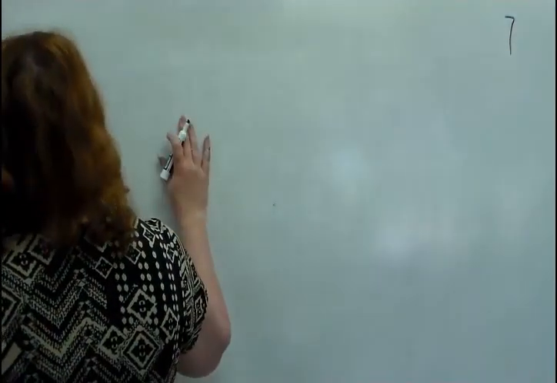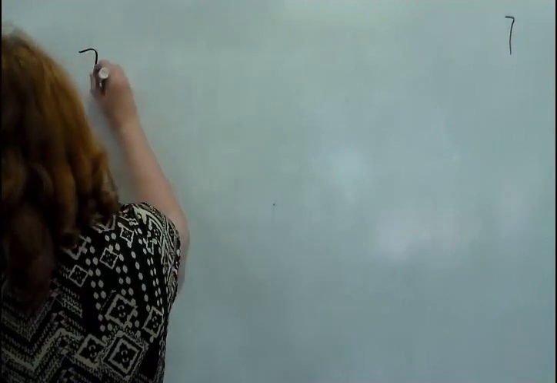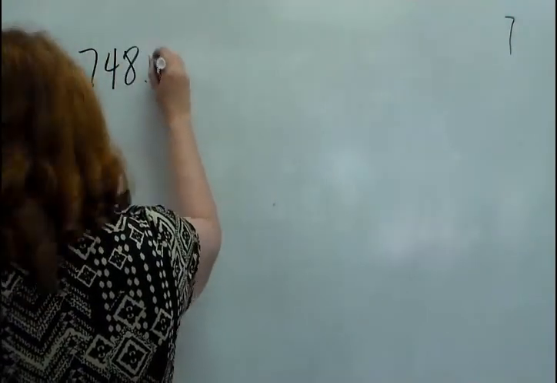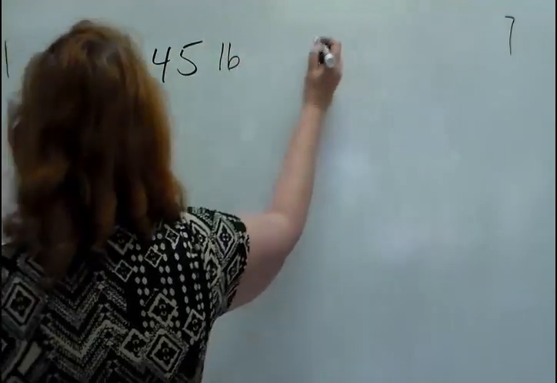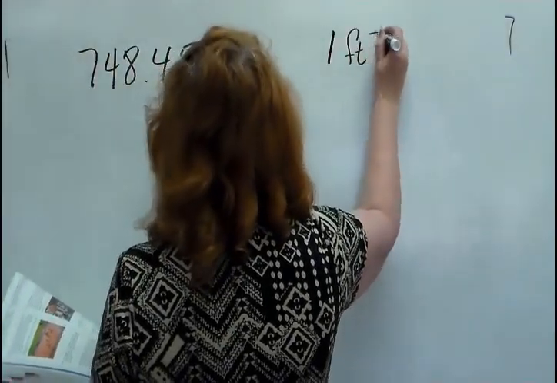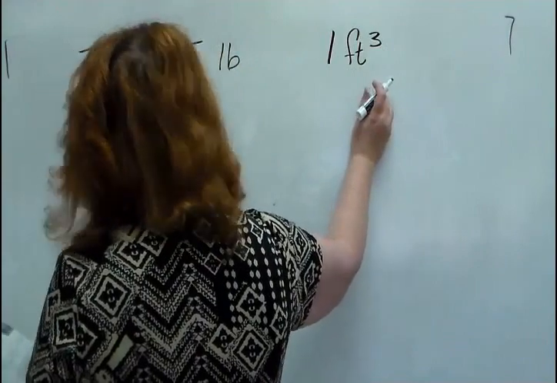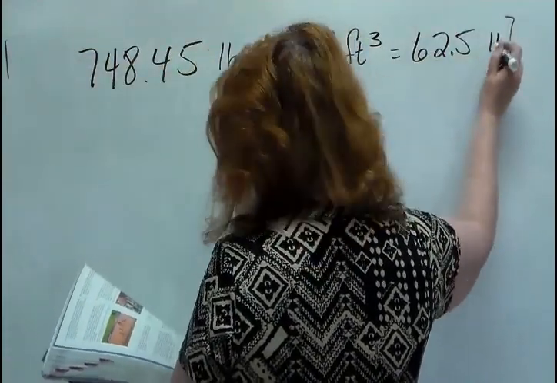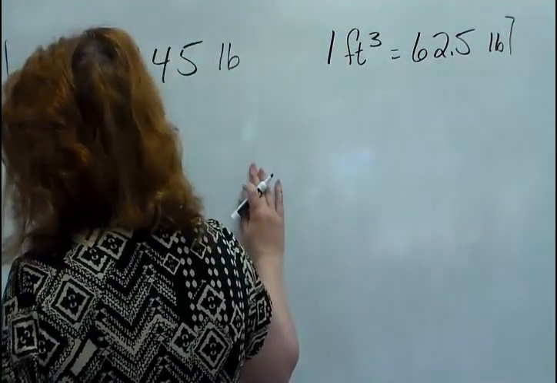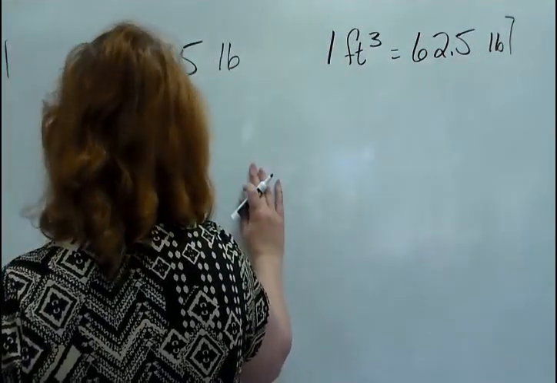The water in a filled tank weighs 748.45 pounds. 1 cubic foot of water weighs 62.5 pounds. How many cubic feet of water does the tank hold?